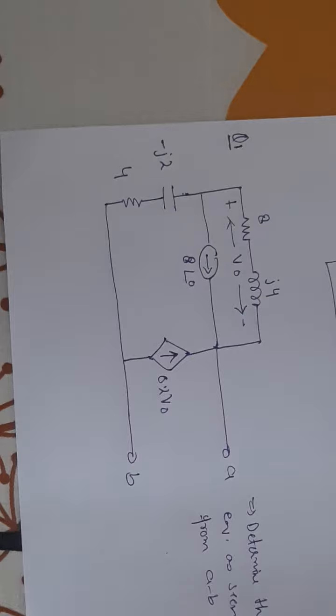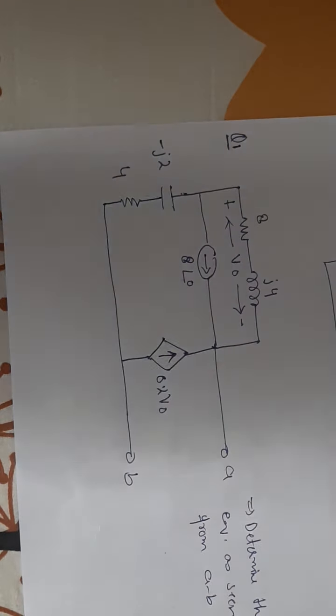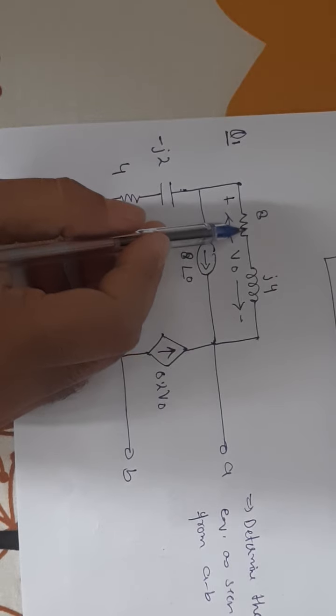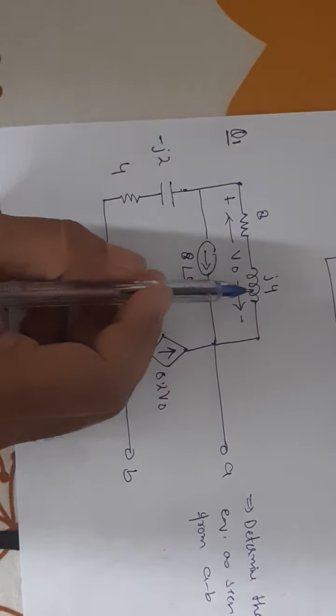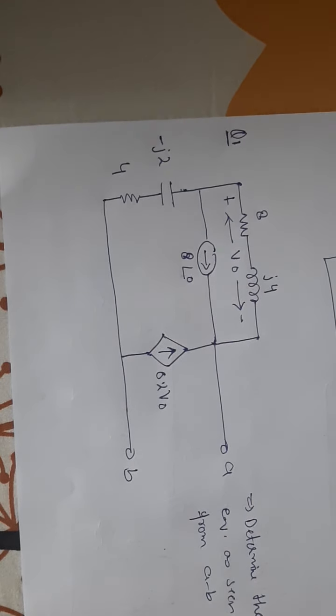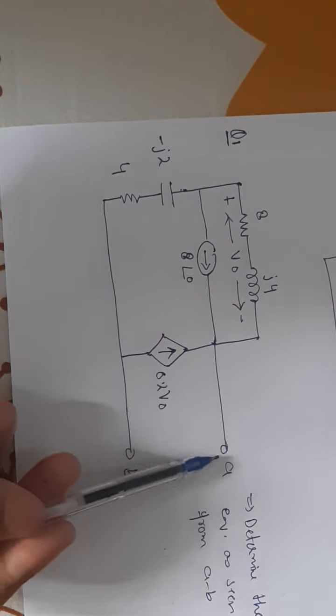What is V0? V0 is the drop across this branch, from this to this: the drop across the resistor plus the drop across the inductor. You will determine the Thevenin equivalent between the terminals A and B.